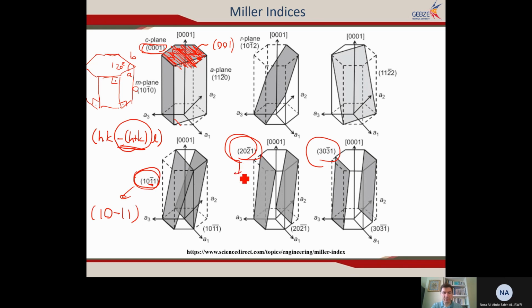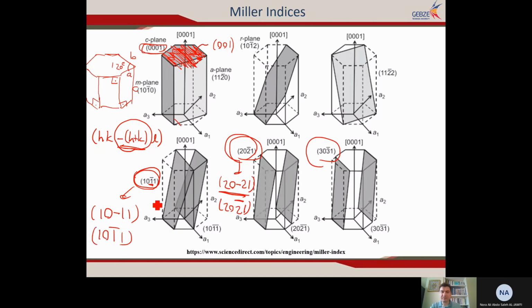For this one, you can see this type of expression, minus 2, 1. So sometimes we use it like this, sometimes like this. You can put the minus on top of the number. They are showing the same surface.